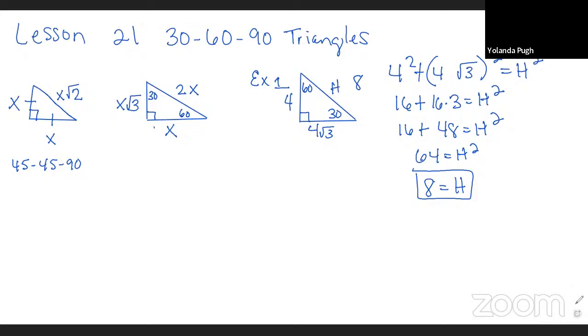Now we'll do another one. In this example, we've got our 60 up here, our 30 here, and our legs are 7, and 7 the square root of 3.